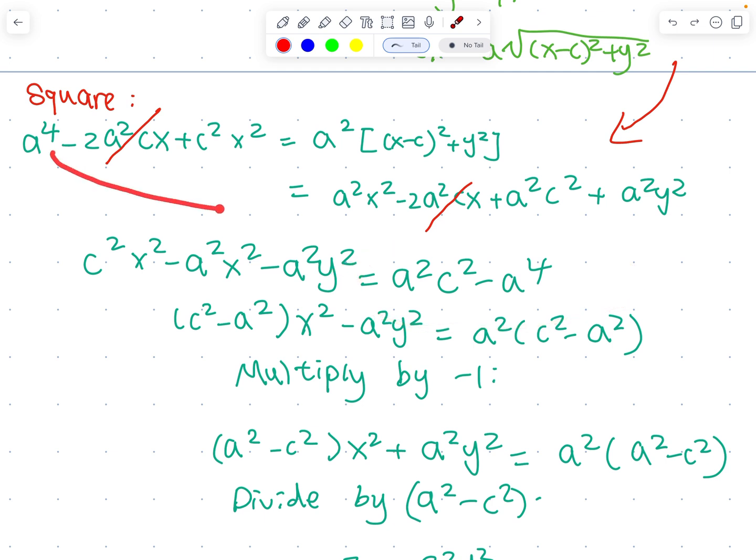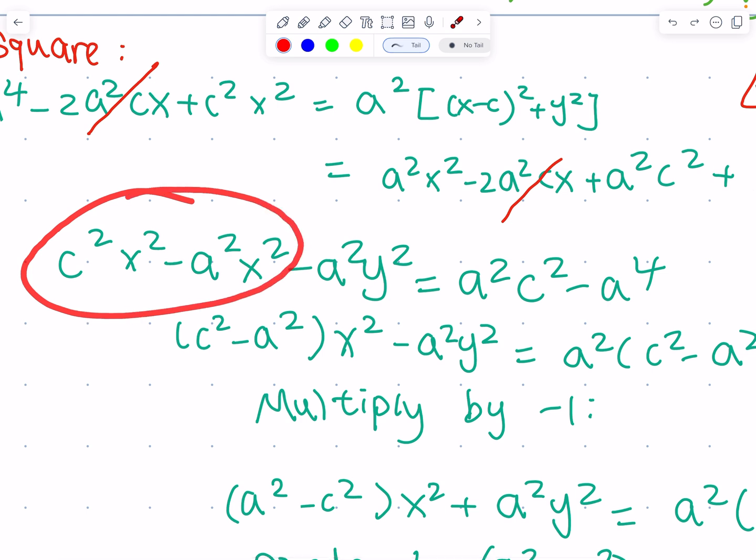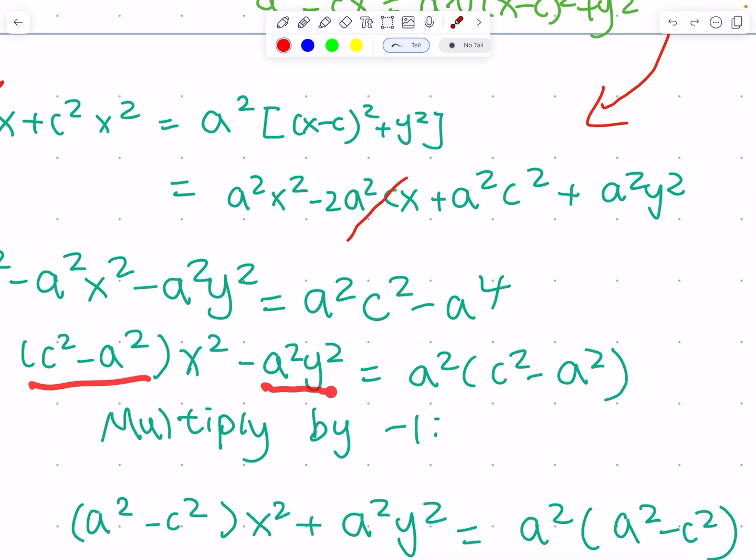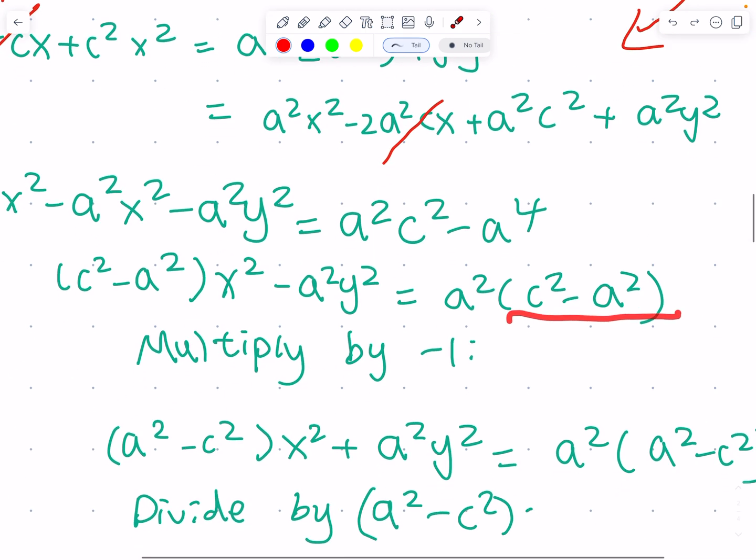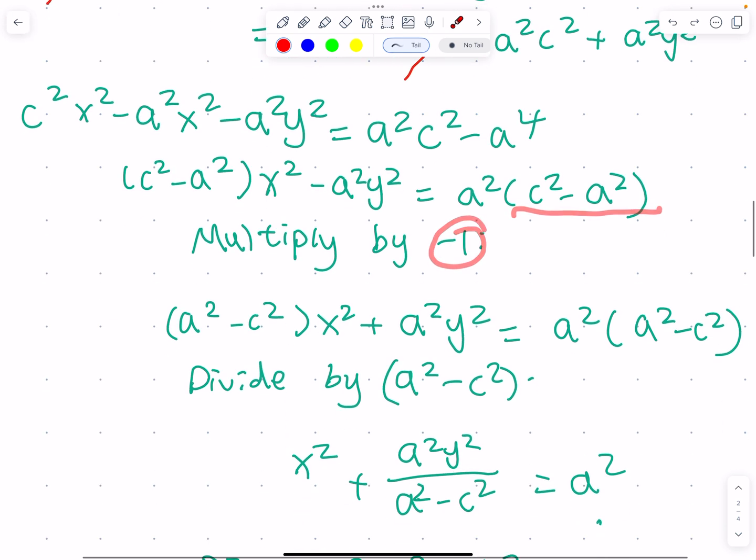We just moved this over there, and kept this over here, and for this term we move it over there, and for this term we just kept it over here. Now from this we can have x squared in common, then it'll be c squared minus a squared, and minus a squared y squared, just keep that, and then this will have a squared in common, and c squared minus a squared, and we multiply it by negative 1, so it's (a squared minus c squared) x squared plus a squared y squared is equal to a squared times (a squared minus c squared).